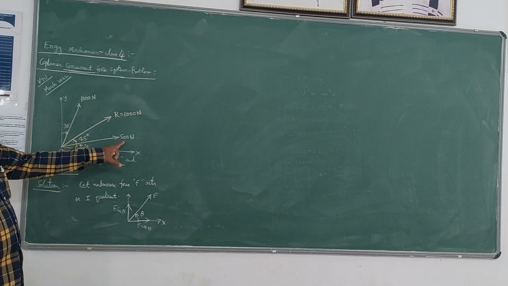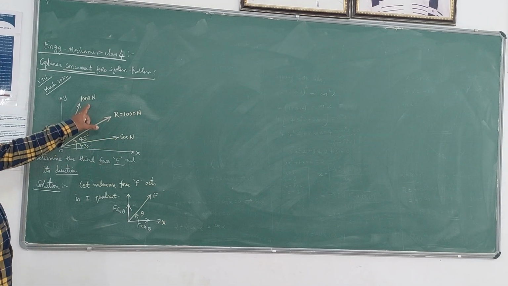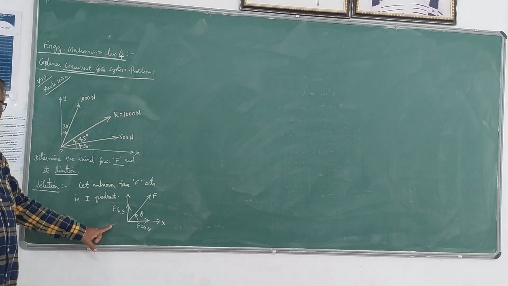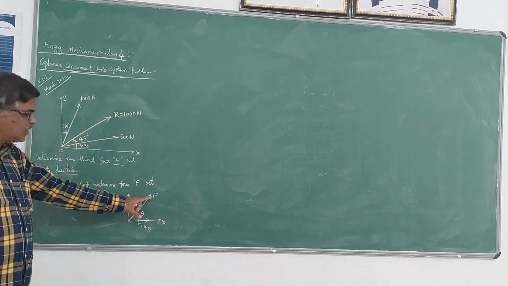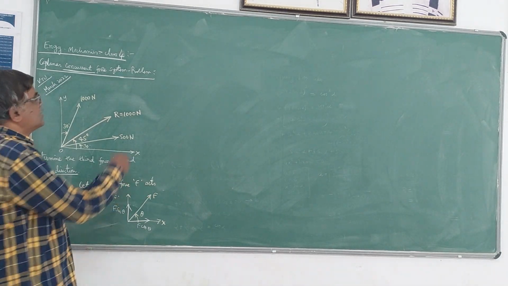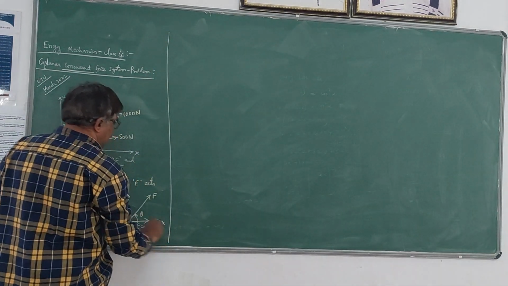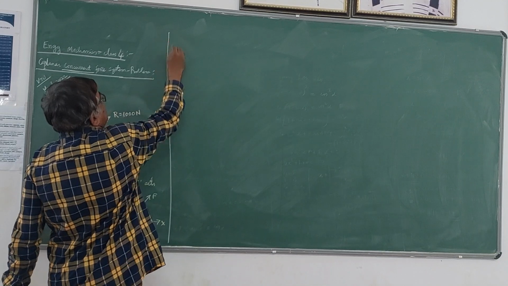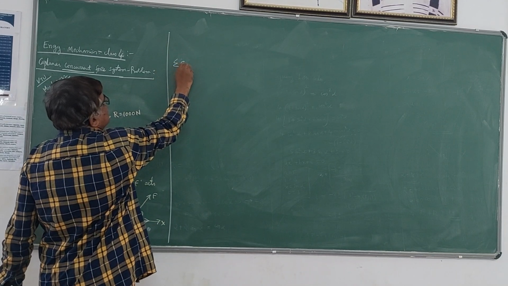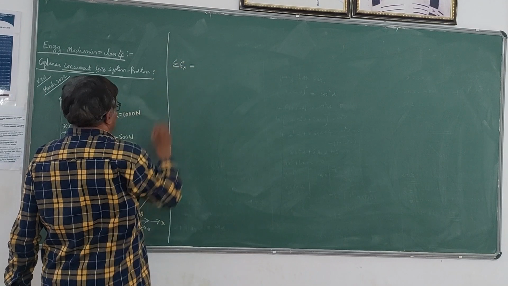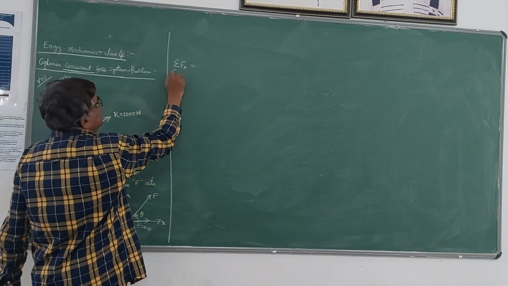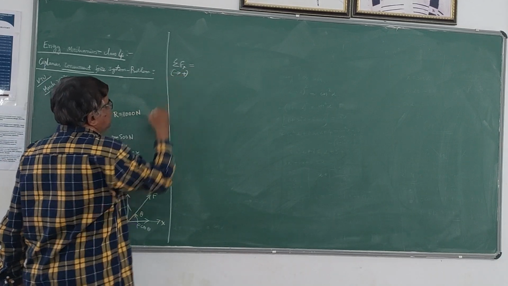So first force is 500 Newton, second force is 1000 Newton, third force which we have to find out is, we assume that it is F, it lies in the first quadrant. So we have to write the components. Now, as usual, we will write the algebraic sum of all the forces in x direction, treating forces acting towards right positive.